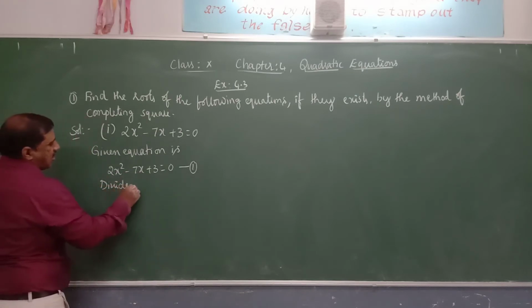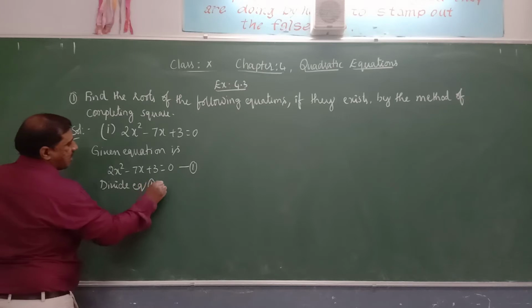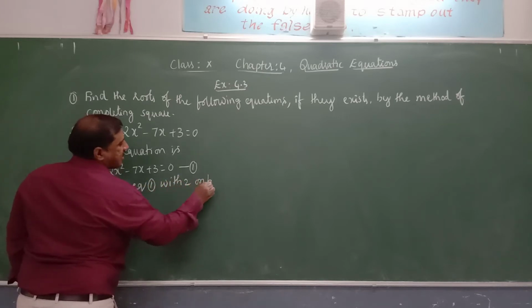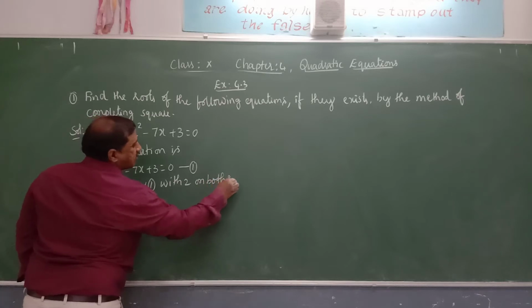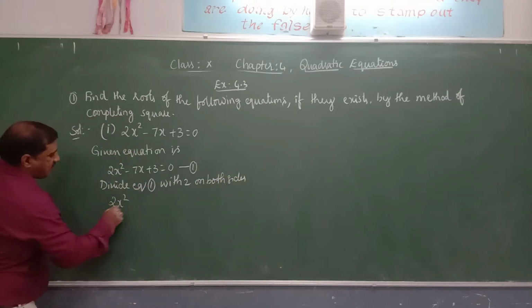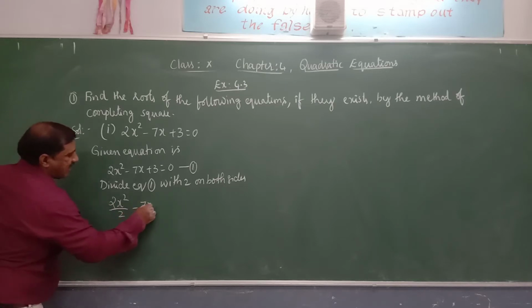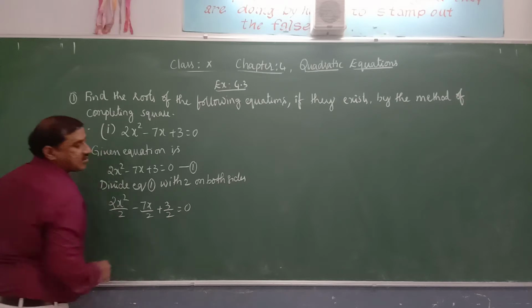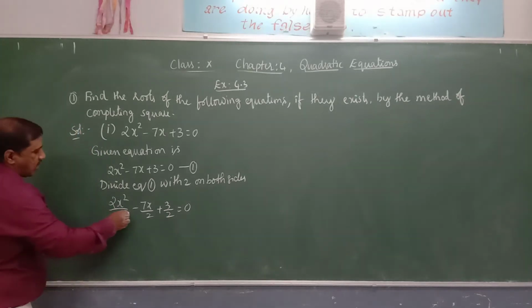Divide equation 1 with 2 on both sides. So what we get is 2x square by 2 minus 7x by 2 plus 3 by 2 is equals to 0. Now 2 and 2 are cancelled.